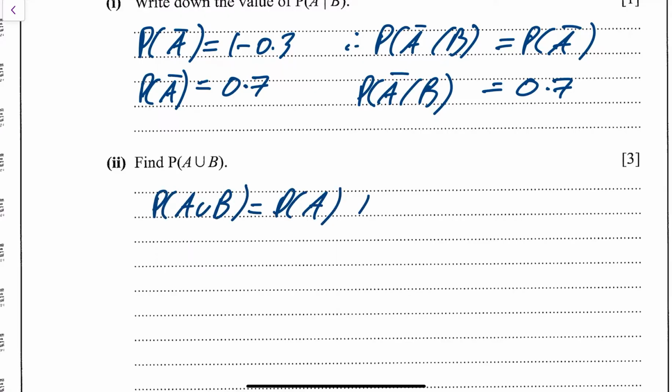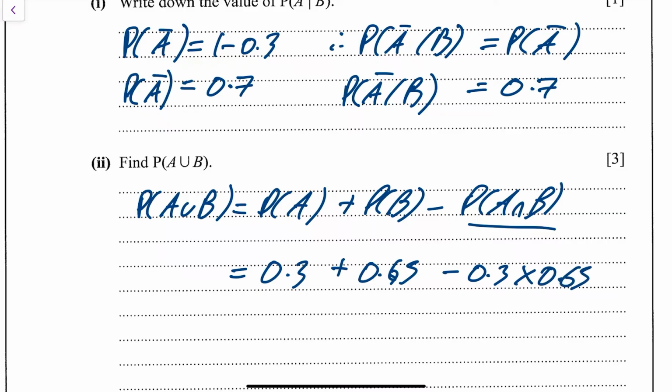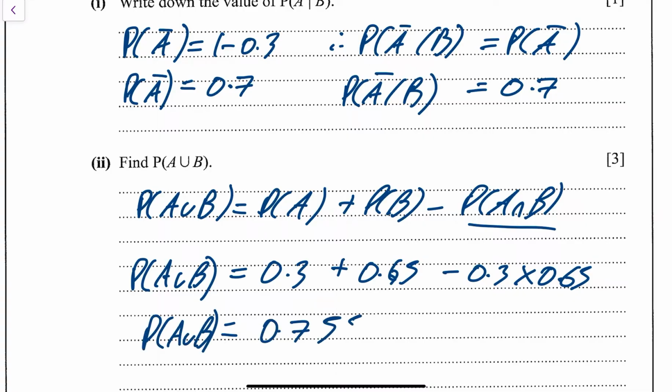It is probability of A plus probability of B minus the probability of A and B. But because they are independent, the probability of A and B is the same as your probability of A times your probability of B. So just work that out and see what you get. When I worked that out, I got 0.755. Hopefully that is correct.